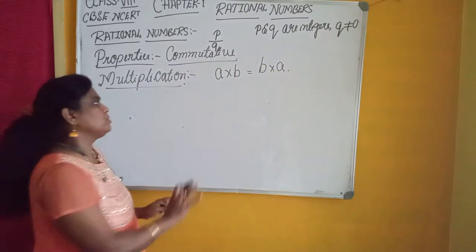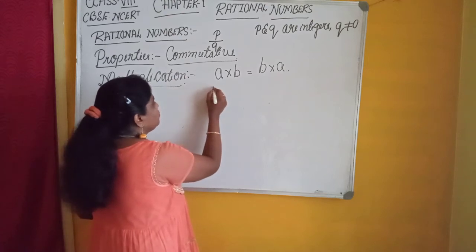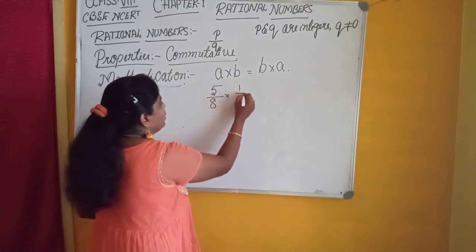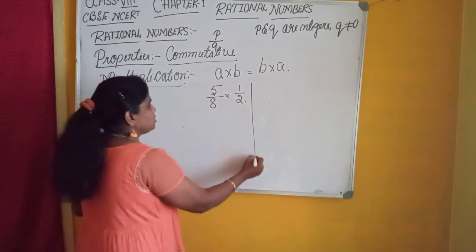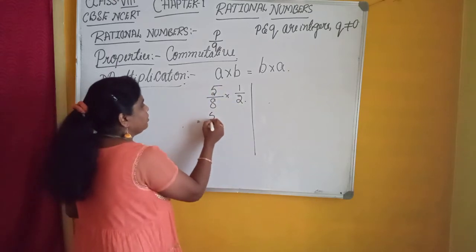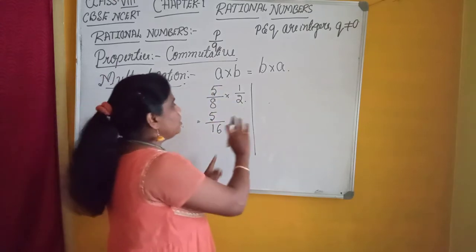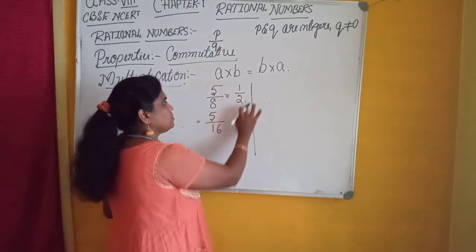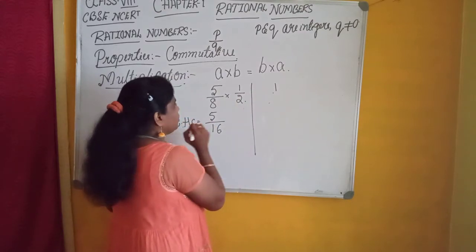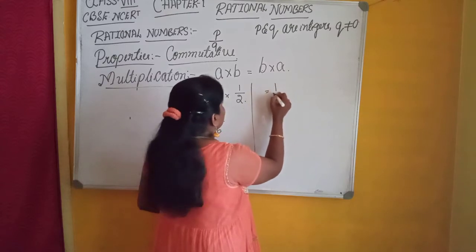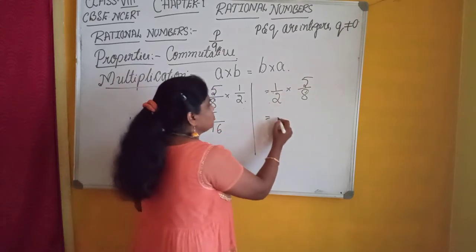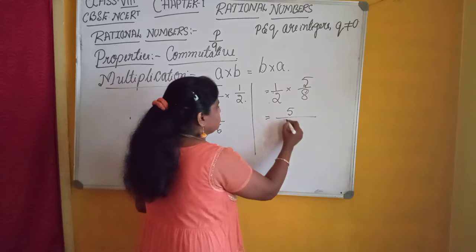Consider the first one, 5/8 × 1/2. Solving this, we directly multiply: 5 × 1 is 5, 8 × 2 is 16, so we got 5/16. Now we change the order of multiplication, taking the second rational number first: 1/2 × 5/8, which is 1 × 5 = 5, 2 × 8 = 16.